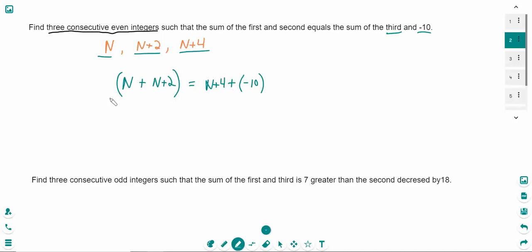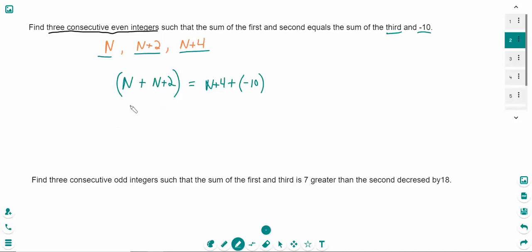Since this sum here is all by itself, we can drop the parentheses. I didn't need to put those, but it is a good idea to put them sometimes, because sometimes they'll say something like the sum is being multiplied by a 4 or something, in which case you'd have to multiply this whole set of parentheses by a 4, right? Not just one of the terms in there. But in this case, they didn't do that. It's just the sum of an n plus an n plus 2.